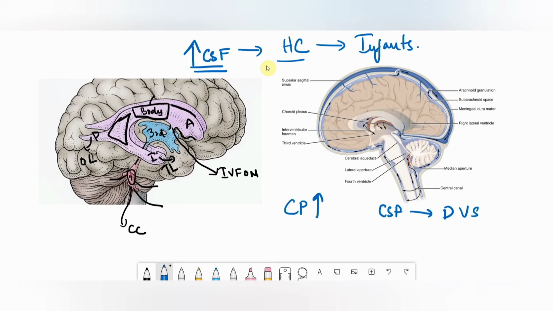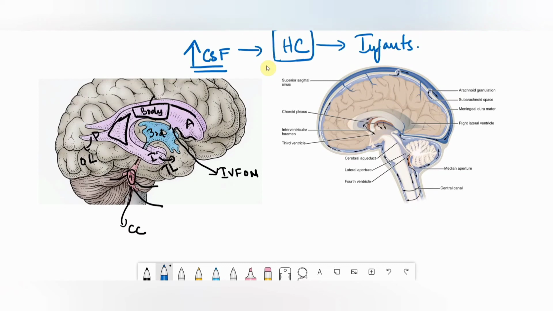Unfortunately, there is no communication between the choroid plexus and the subarachnoid granulations, so we don't have any sort of negative feedback system. So the choroid plexus continues to produce the CSF, and because of some sort of blockage in any part or any foramen, there could be increased CSF accumulation within your ventricles.